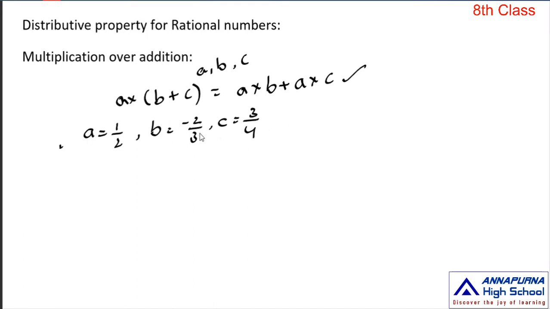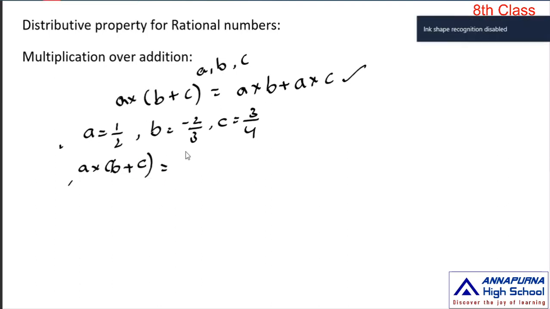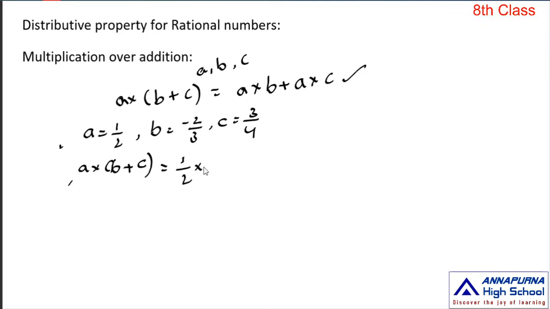Let us take these values in the left side of the condition, which is a into (b plus c). It is equal to 1 by 2 into (minus 2 by 3 plus 3 by 4).